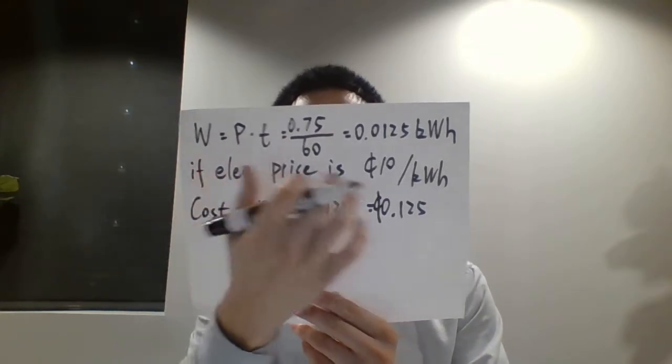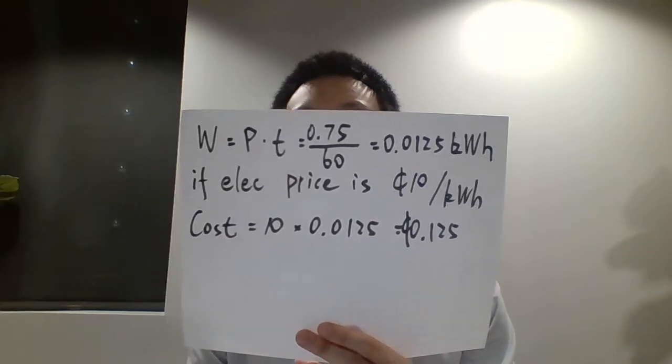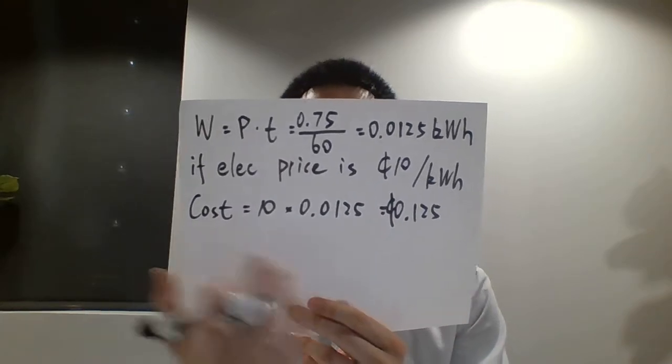Unit price times the quantity, that's the total cost, right? It's not even 1 cent, assuming 10 cents per kilowatt hour.